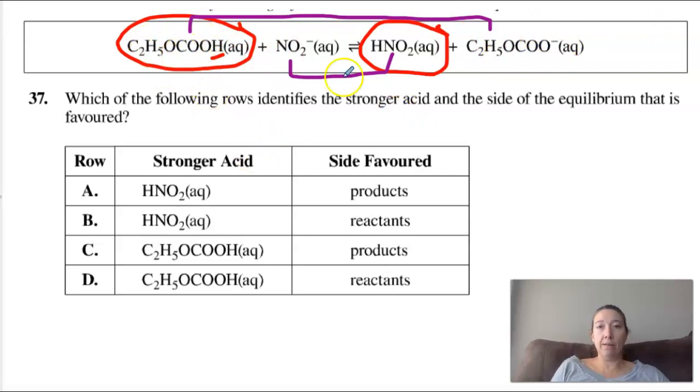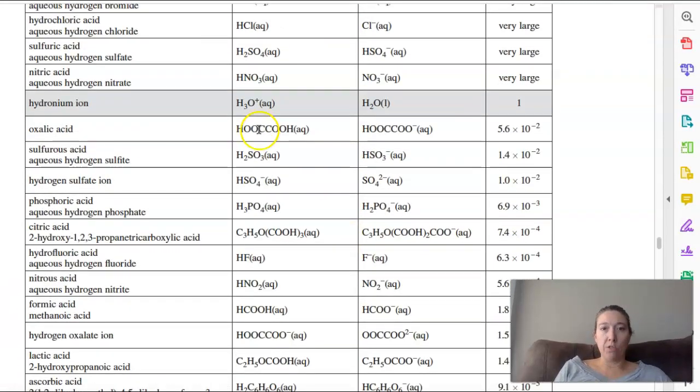So now that we've identified what the two acids are, we need to go to our data table to figure out which one is stronger. So we have HNO2 and C2H5O. We're going to start at the top. Okay, here's HNO2, and here's the C2H5O.